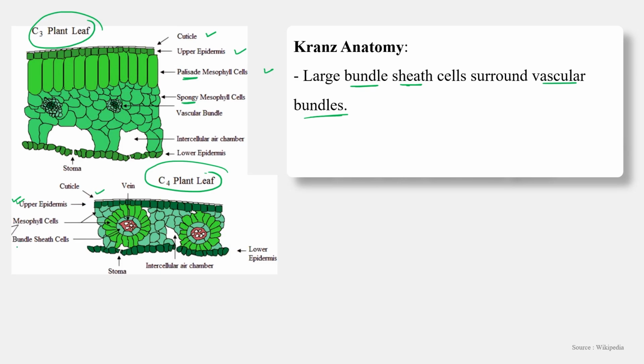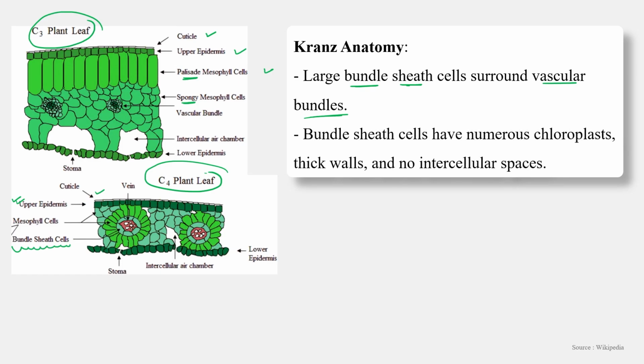There is no bundle sheath present in the C3 plant, while bundle sheath is present in the C4 type of plant. So large bundle sheath cells surrounded by vascular bundle sheath cells have numerous chloroplasts, are thick walled, and there is no intercellular space.